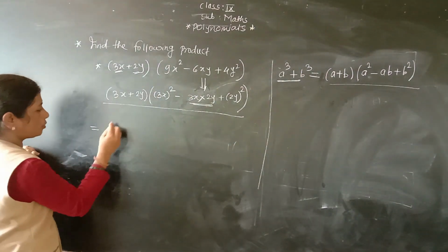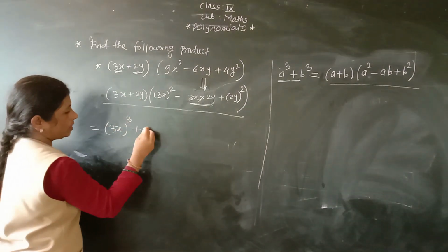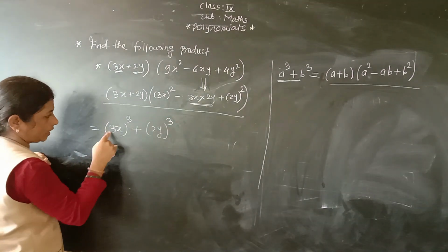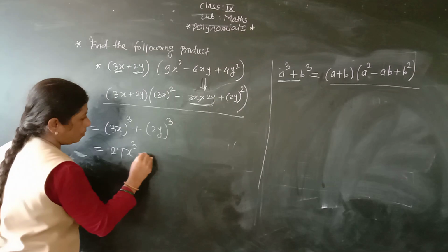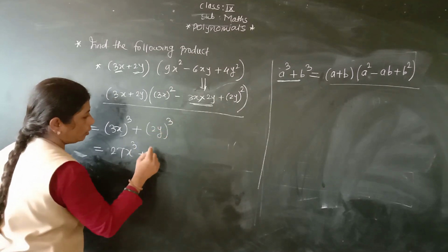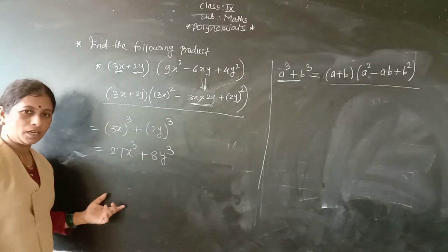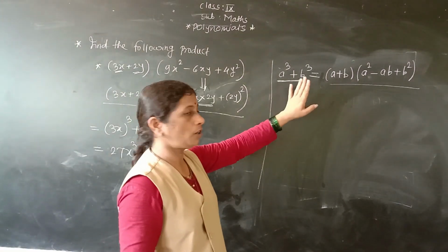So a cube means 3x cube, and b cube means 2y cube. So you will get 3 cube is 27x cube plus 2 cube is what? 2 twos are 4, 4 twos are 8y cube. Understood everyone?